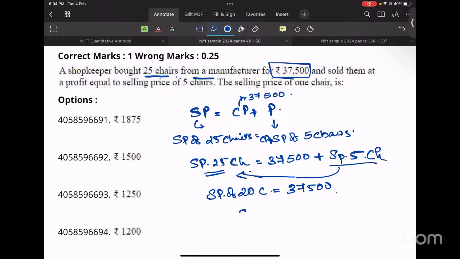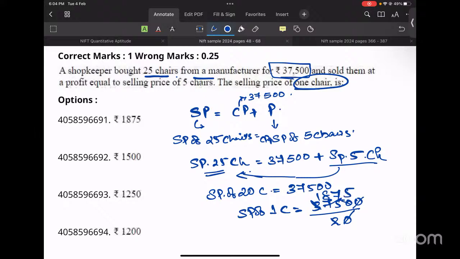The question asks for the selling price of 1 chair: 37,500 divided by 20. The zeros cancel. So 1875 is the right answer. 1875.